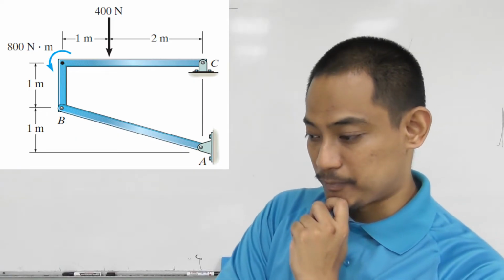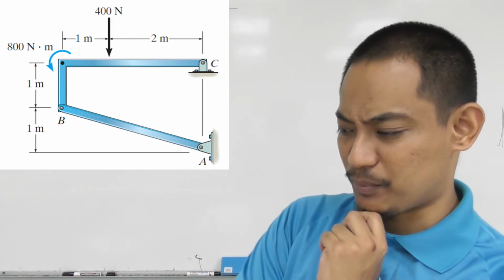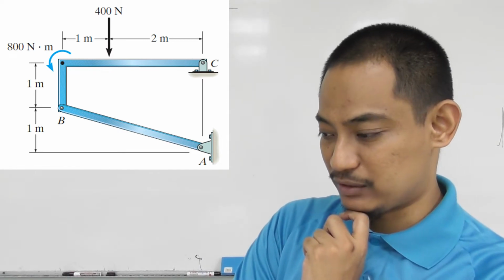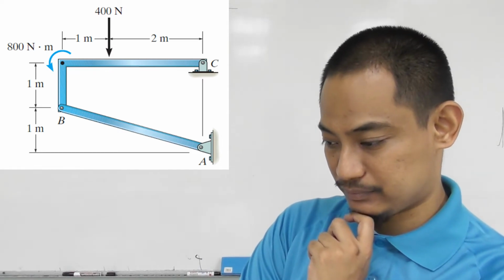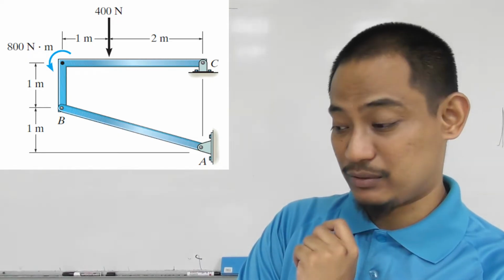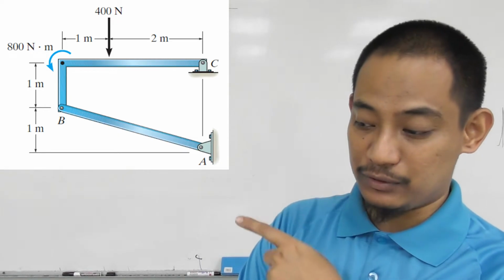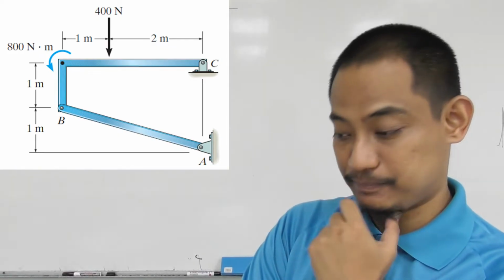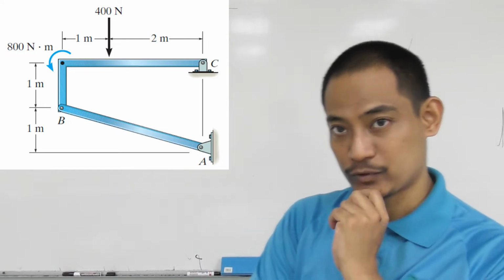So you need to find the horizontal and vertical components of the pin reaction at C and the magnitude of the reaction at B. Alright. Do you understand what the question wants? Basically the question wants the unknown support reaction at C, and then the force at B. Alright, so take a look at the picture.